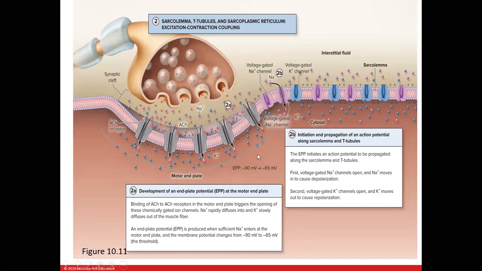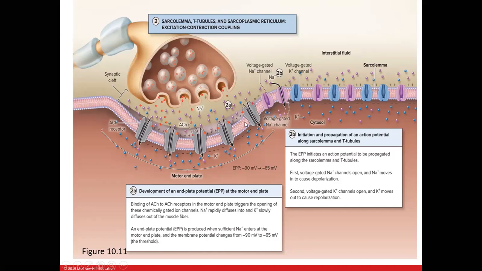This is the depolarization phase, the local event that we call the end plate potential. If we have an increase of enough sodium to increase our resting membrane potential up to the threshold stimulus, we now end up getting what we call the propagation of that action potential.